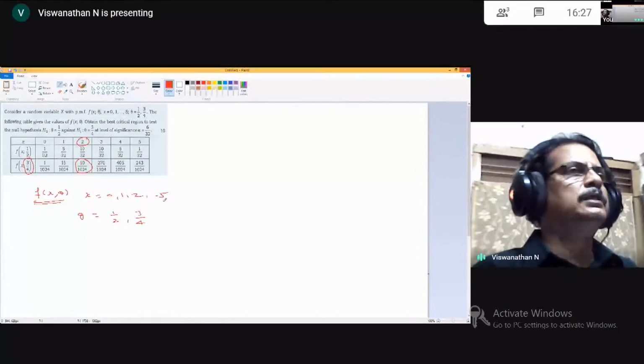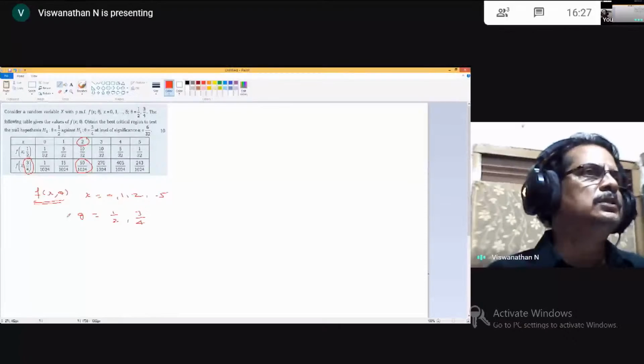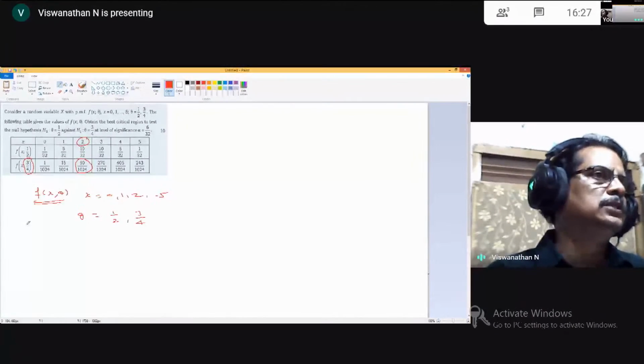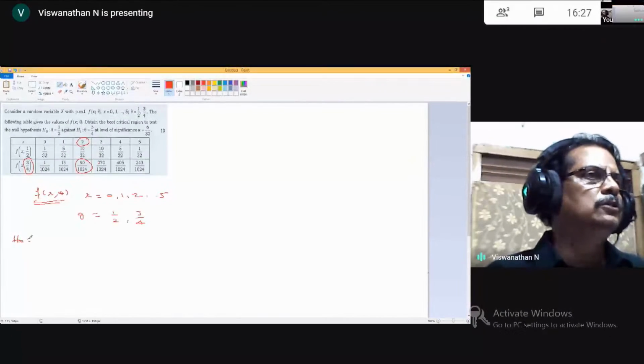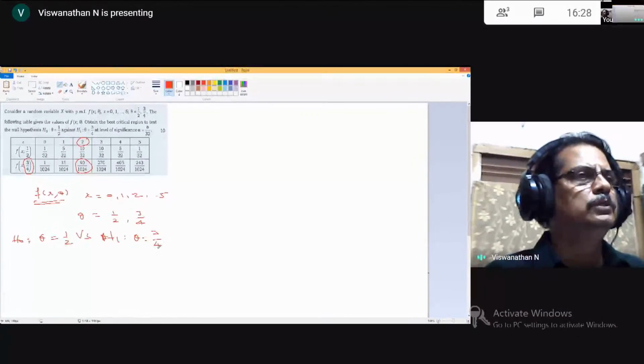Finally we can see the mass function. Now what we are asked is to obtain the best critical region to test the null hypothesis H naught: theta equal to 1 by 2 against H1: theta equal to 3 by 4. This is what we are supposed to find.